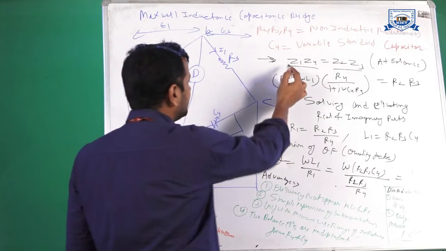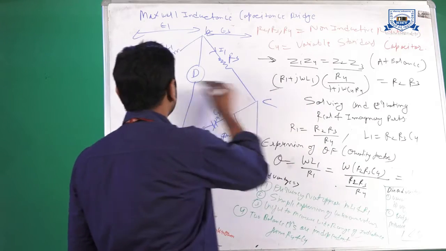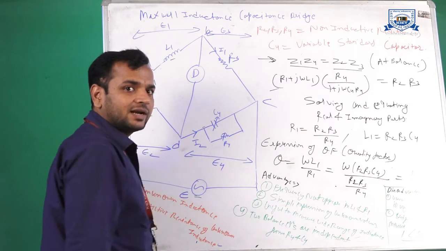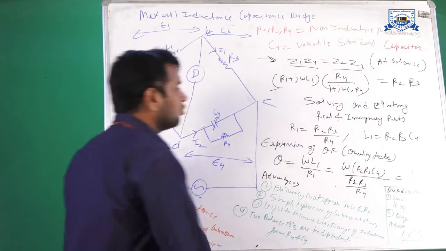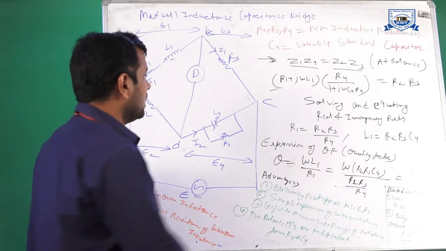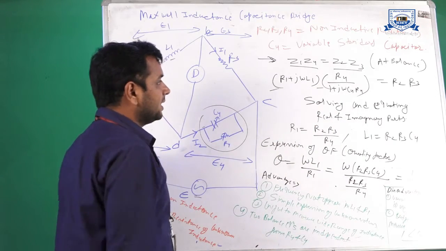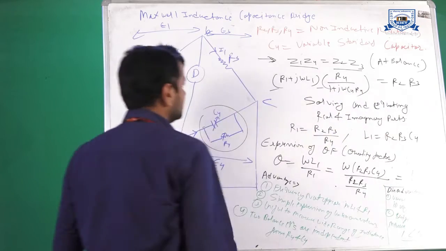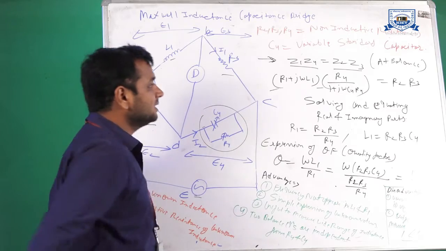Z1 is equal to R1 plus j omega L1, as R and inductance are in series. Z4 will be equal to R4 plus 1 by j omega C4 R4, as both are in parallel. Then the Z2 branch impedance is R2 and the Z3 branch impedance is R3.